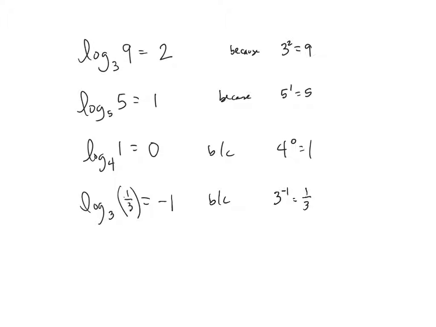Now, the statements on the left in this column and the statements on the right in this column are synonymous. Log base 3 of 9 equals 2 means 3 to the second is 9. Those two things are actually the same thing. They're just written in different form. Now, if you remember when we were talking about lines, we had 3 different forms of a line: standard, point slope, and slope intercept. And you could draw a line and write that equation in any of the 3 forms, but they all represented the same line.